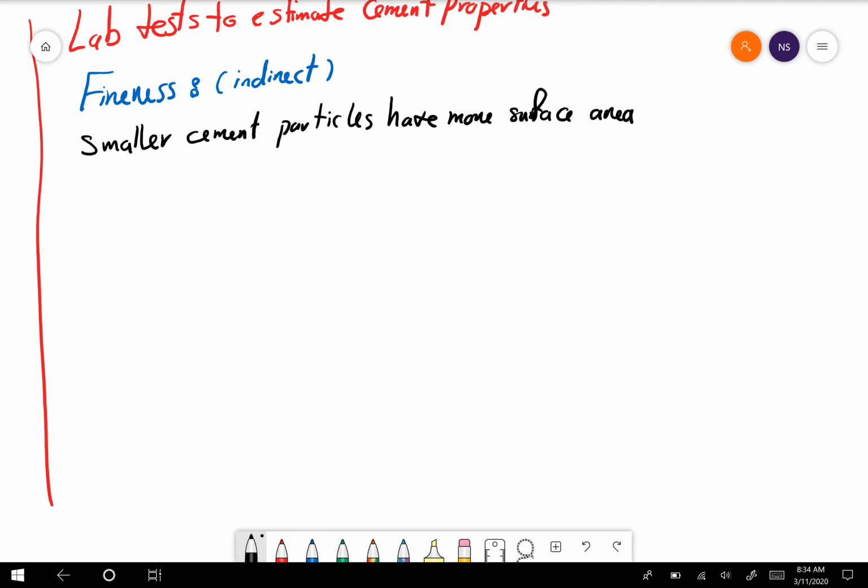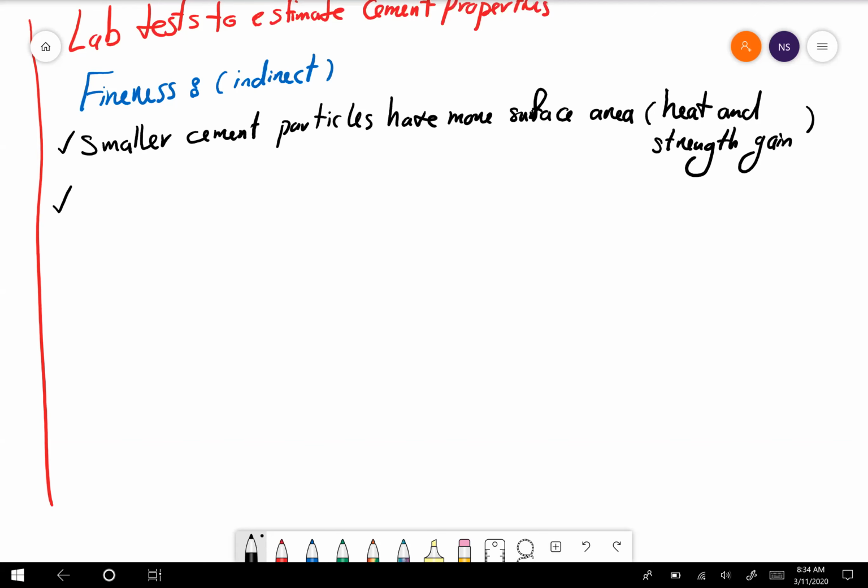Right? Which is good, because it generates the heat of hydration, and also it's good in terms of gaining strength. So having fine Portland cement particles is good for the concrete.